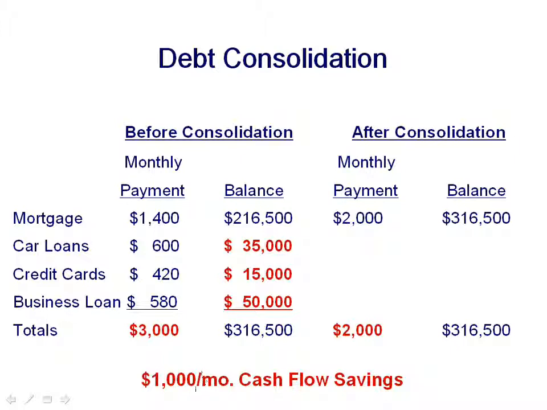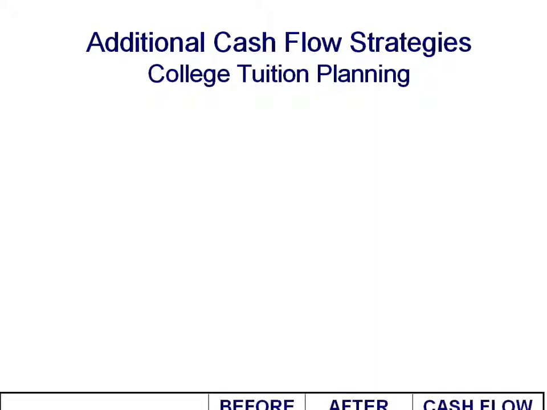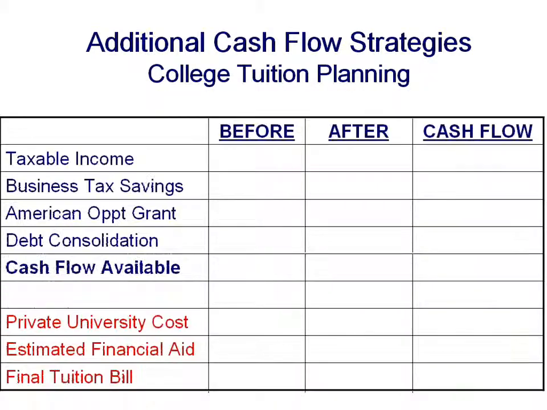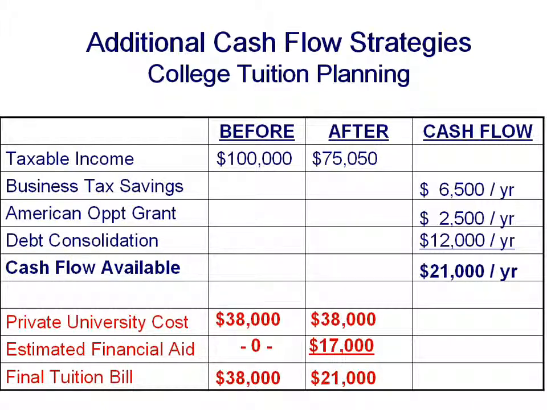Okay, but what if Joe wants to use all this extra money he's saving to pay for expensive private education for his child? In this particular case, since college financial aid is largely based on family income, the same strategies that Joe used to reduce his taxable income are going to now qualify Joe for considerable financial aid.